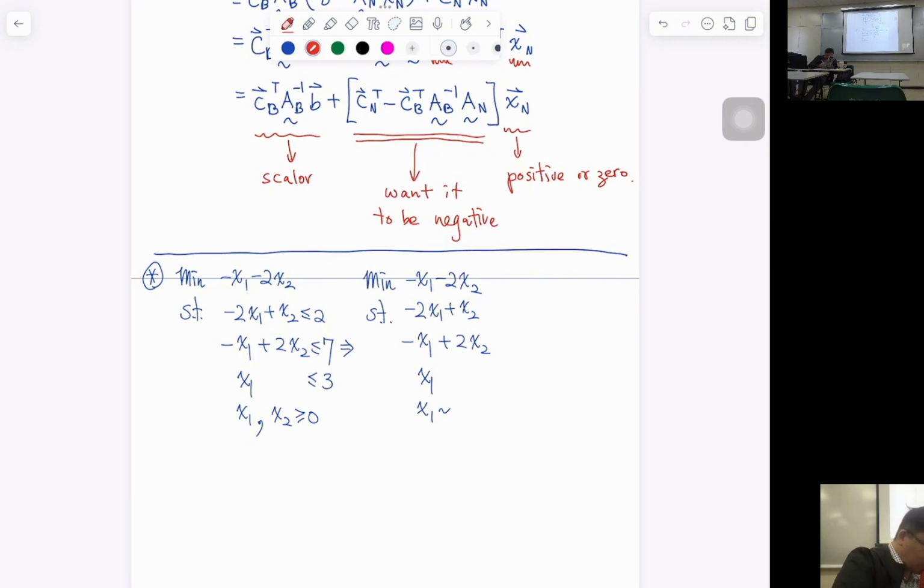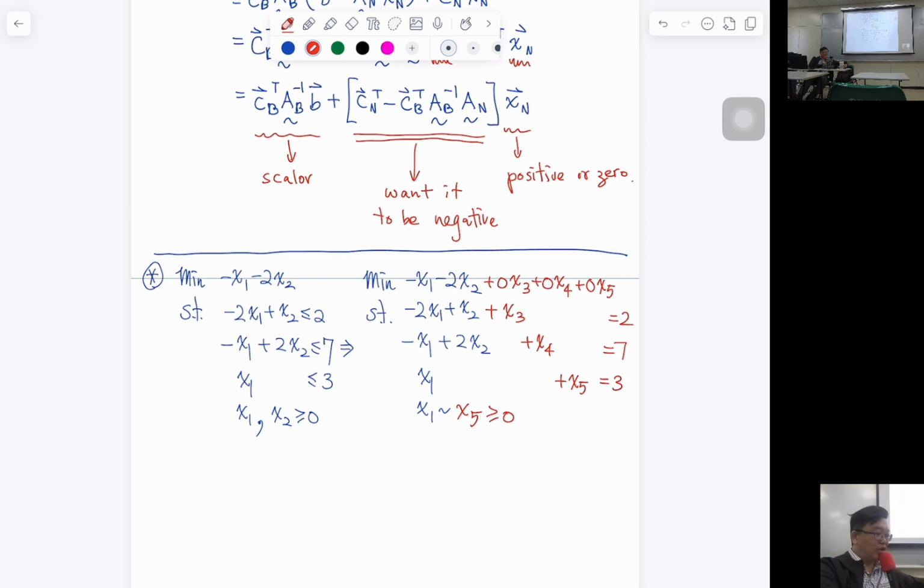So here is my x3, x4, and x5. So from x1 to x5, plus 0 x3 plus 0 x4 plus 0 x5. This is actually what's happening. And equals to 2, 7, and 3. They're all positive.